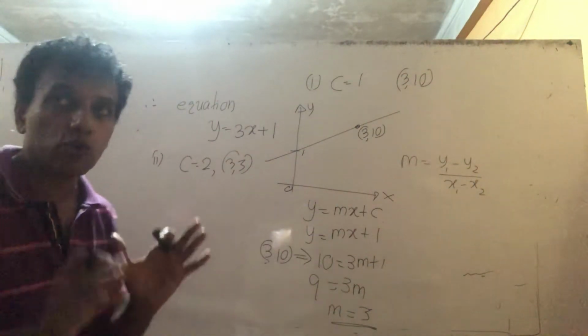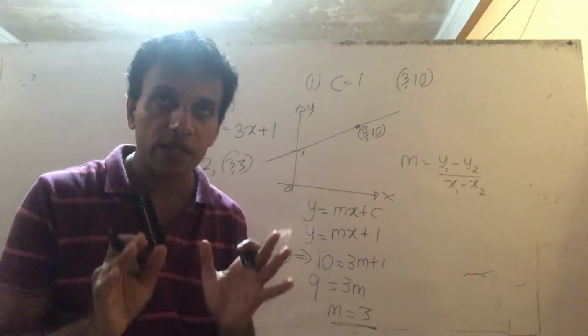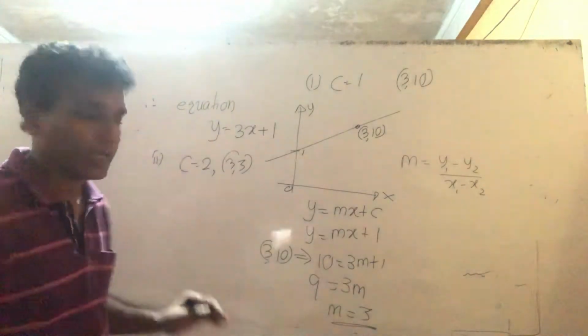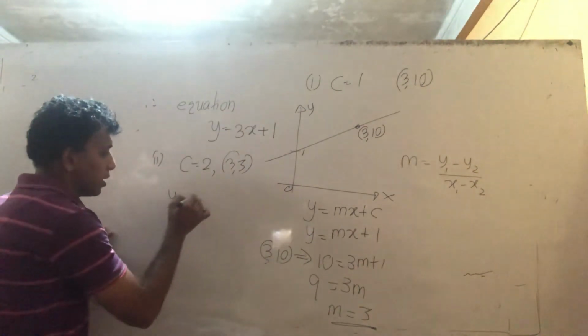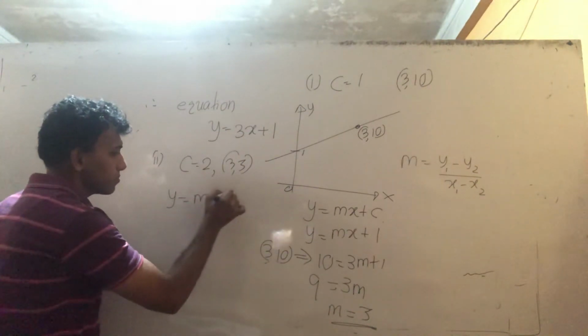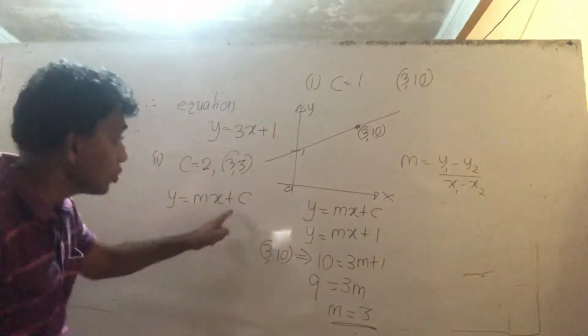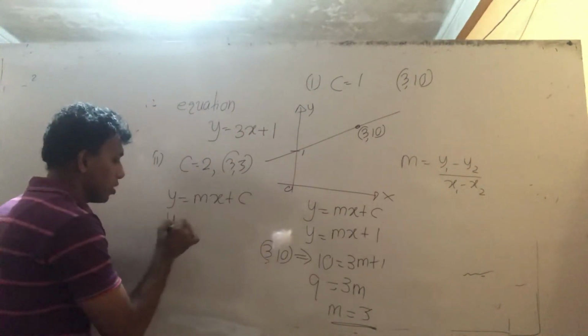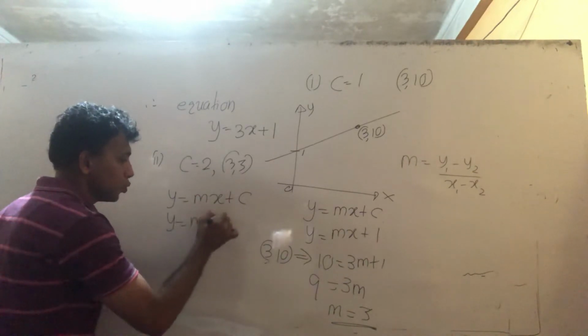Therefore, as I mentioned, whatever the equation asks, you take the general pattern, y equal mx plus c. Then you know c is 2, so put c as 2. y equal mx plus 2.